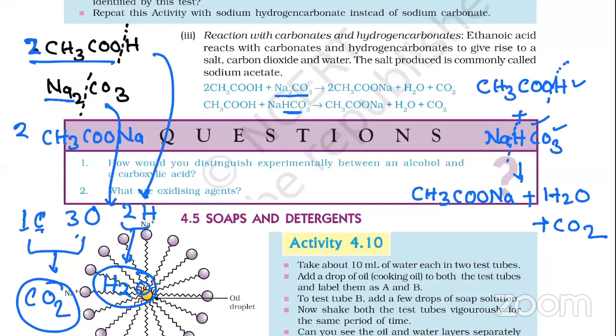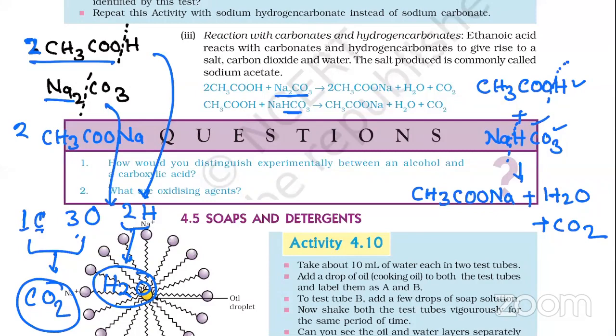Okay. Next question. What are oxidizing agents?